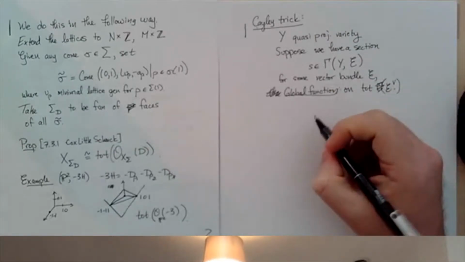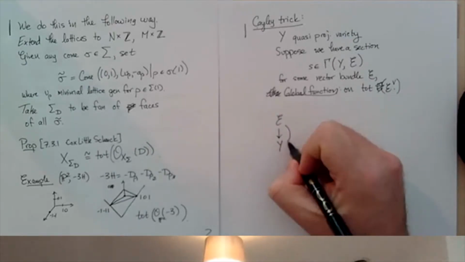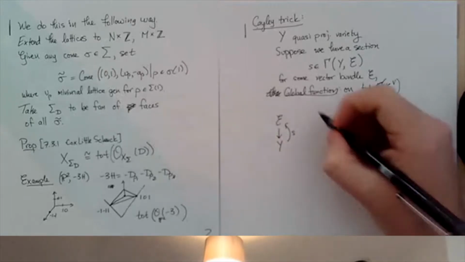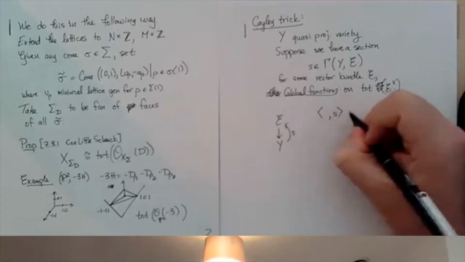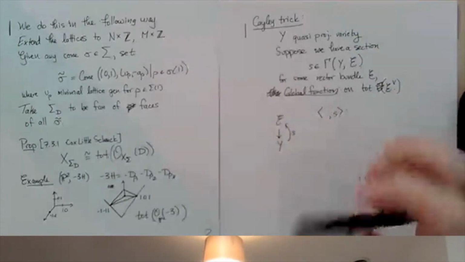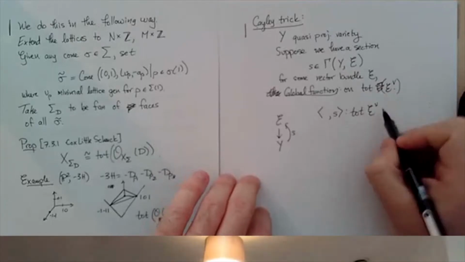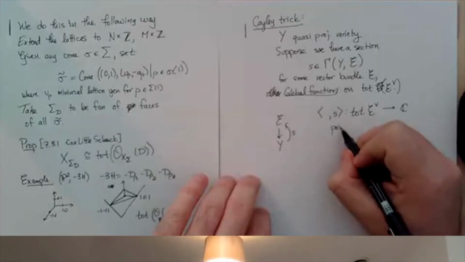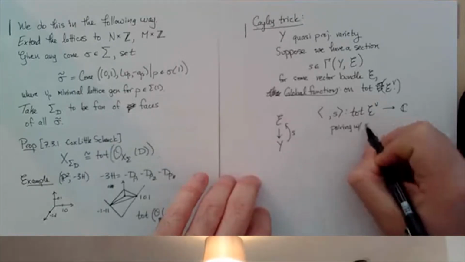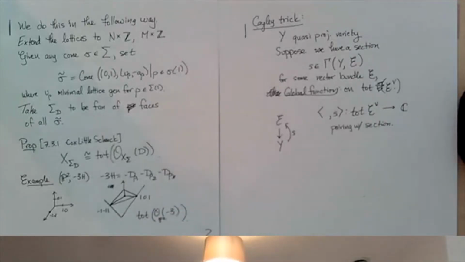Okay, so what I have is I have this section over Y. And then what I can do is I can pair that thing with the fiber in the dual to get a function, right? So this is just pairing with the section. Okay. But we can write this in coordinates for the last example.